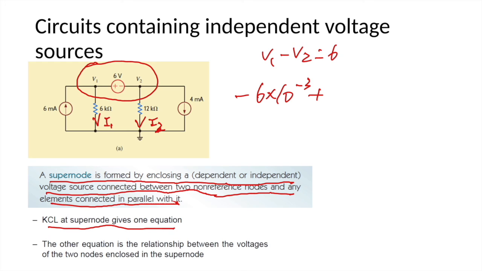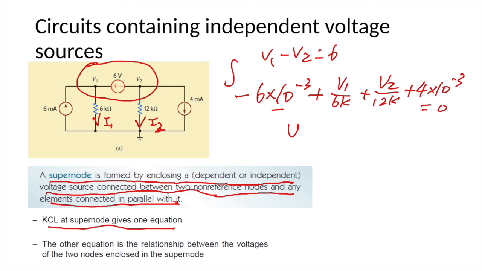We assume the current entering is negative, so that is the current entering plus the current leaving the node equals 0. And we also have V1 minus V2 equals 6. So two equations, two unknowns, we can solve for the values of V1 and V2. So this is how we solve this problem.